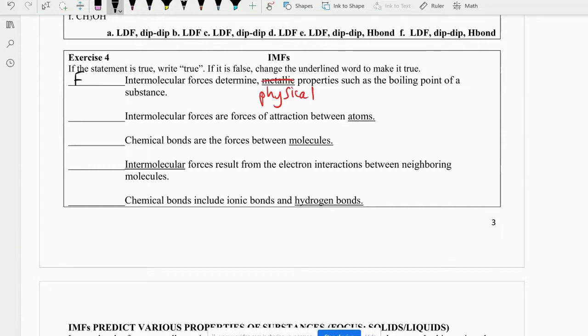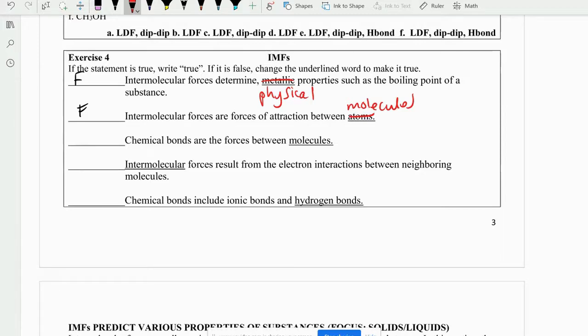Okay, next one. True or false, IMFs are forces of attraction between atoms. Patently false. No, they are forces of attraction between molecules. The forces of attraction between atoms, those will end up forming bonds to form molecules.